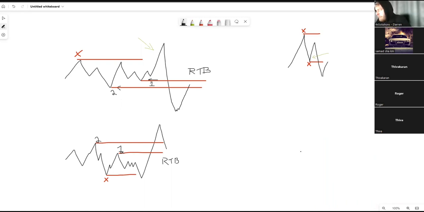Then obviously in reverse, over here we make a low like this, price trades higher and makes a failure swing, so your liquidity is over here and over here, same thing.